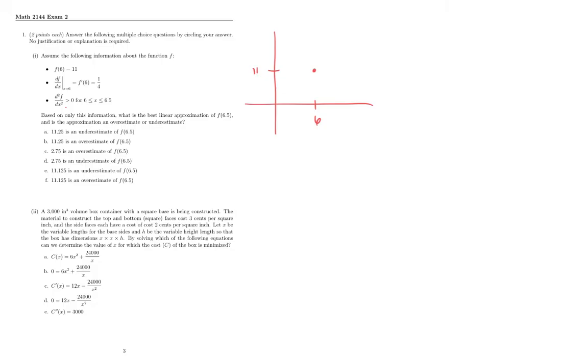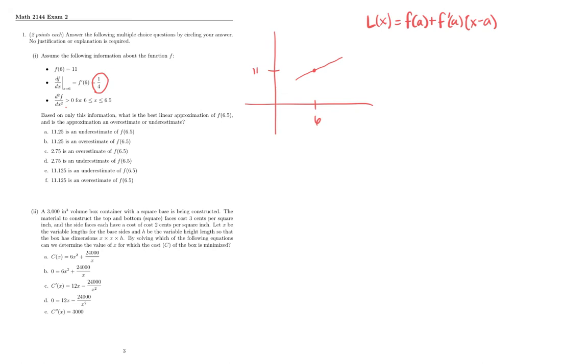And then this is telling me the slope of the tangent line at that point. So I know that that slope is 1/4, so it's going to be kind of like that. If I were to write the equation of that tangent line, I'm going to use the linearization formula. The linearization is equal to f of a plus f prime of a times x minus a.